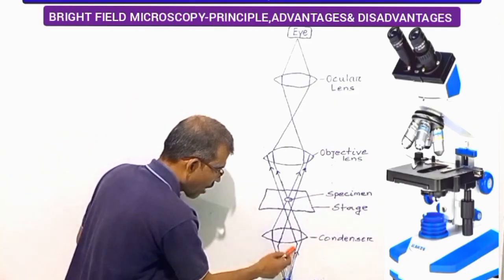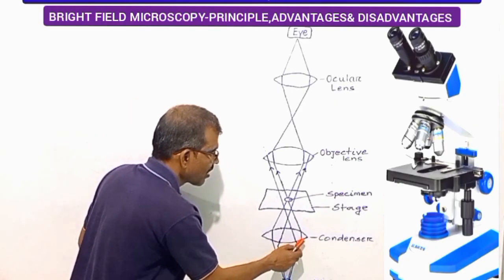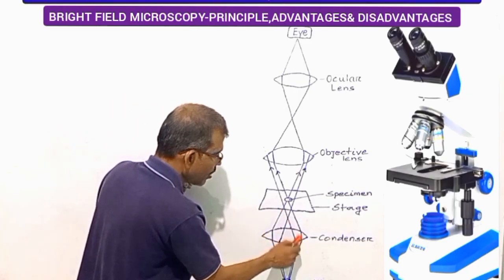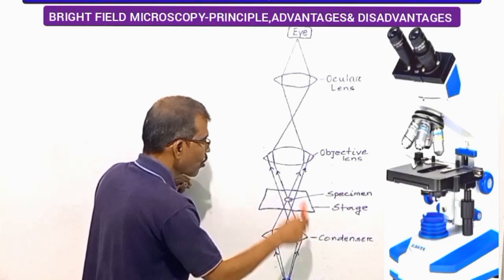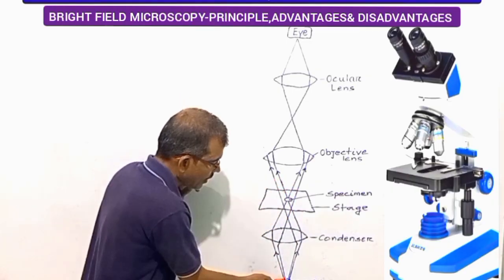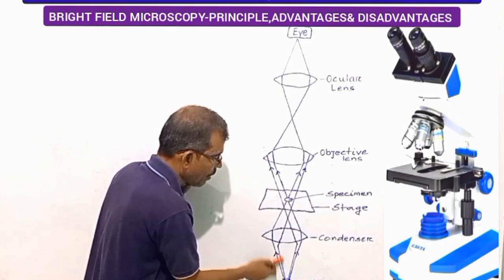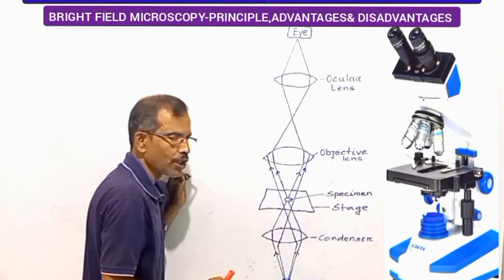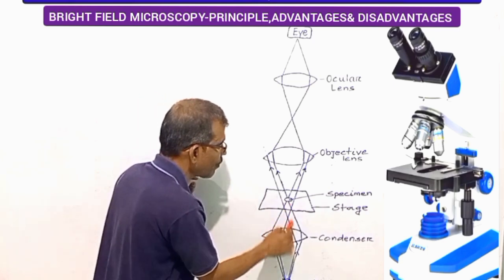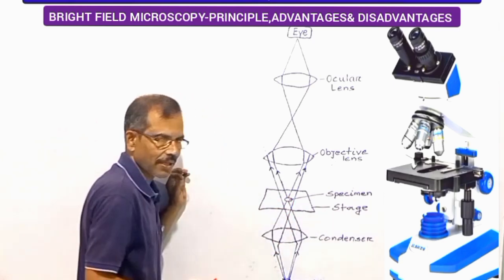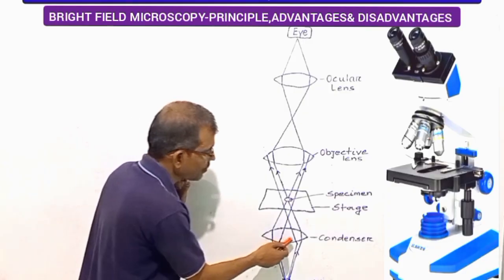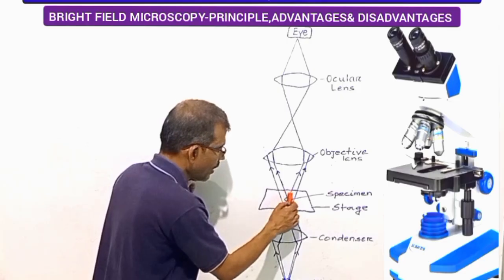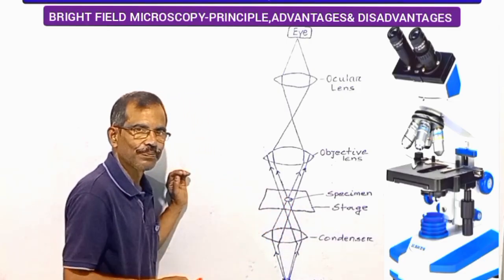The transmitted white light from the source is then collected by the condenser, which forms a solid cone of light that is focused onto the specimen. In addition, some of the light passes through the surrounding. As a result, the background appears bright.